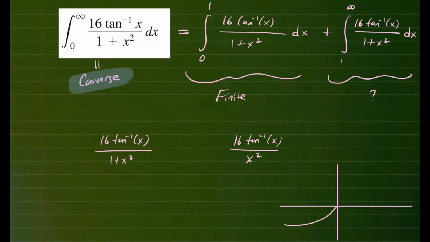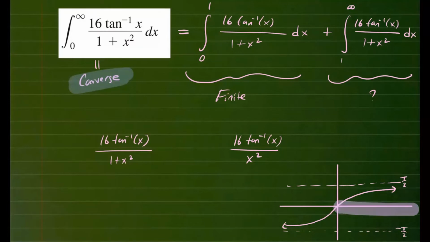You have a curve that's approaching pi over 2 as x goes to infinity, and this is negative pi over 2. We have two horizontal asymptotes. So if we're only looking at the interval from 0 to infinity, then we're looking in this direction. We see that the graph is getting closer to pi over 2. That means it will never be greater than pi over 2. So we can say that tangent inverse of x is not greater than pi over 2. So it's always going to be less than that.